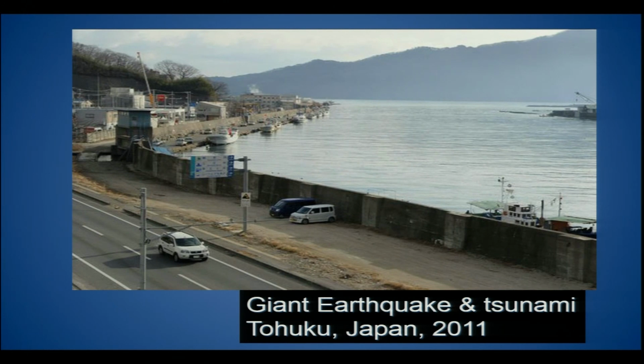This is another photograph. Usually in Japan, to protect the coastal areas, they try to construct a wall. This is the tsunami wall, which was constructed taking into consideration the previous records.